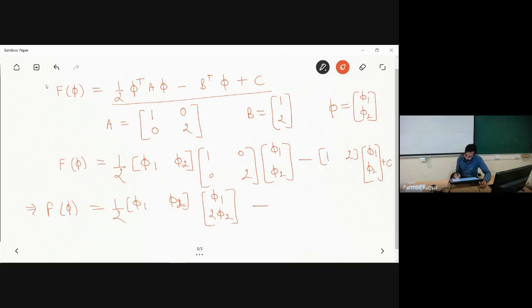Minus this will be phi 1 plus 2 phi 2, and plus C. Now let us multiply these further. f of phi is equal to 1 by 2 phi 1 square plus, 2 will be cancelling out, phi 2 square minus phi 1 minus 2 phi 2 plus C. So is this correct?